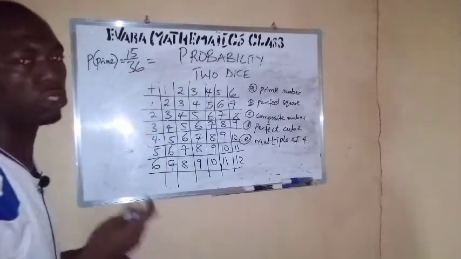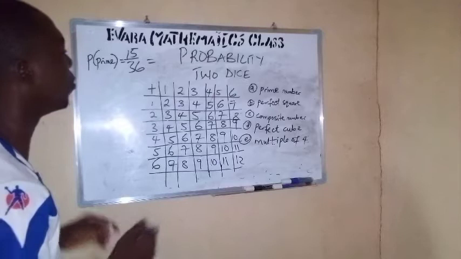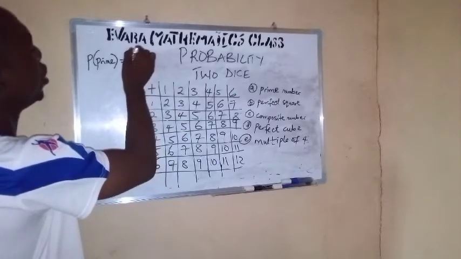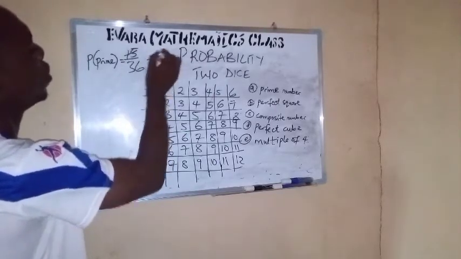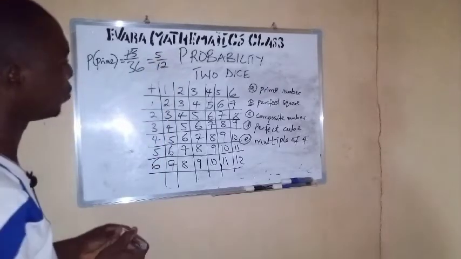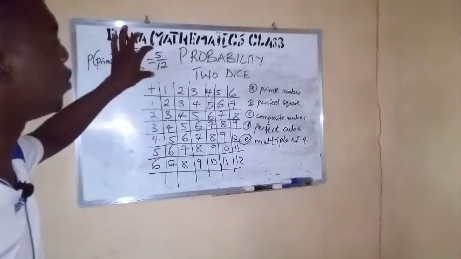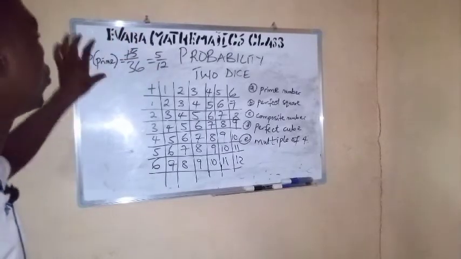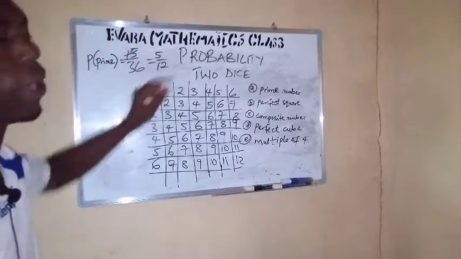So we reduce the fraction to the lowest form. 3 into 15 is 5, and 3 into 36 is 12. So the probability of getting a prime number is 5 over 12.